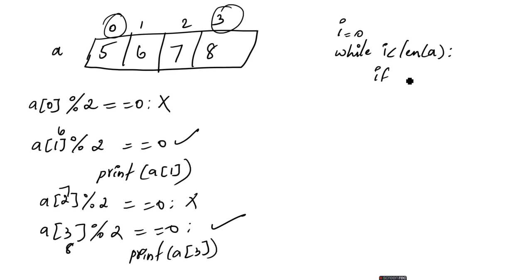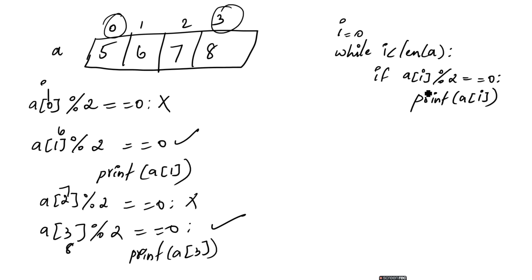So here we have to write the condition: if A of I, 0, 1, 2, 3, these are the index values, so we have to write I. The variable referring to 0, 1, 2, 3 will be I, right? So we have to write A of I mod 2 equal to 0. If the condition is true, we have to print A of I.